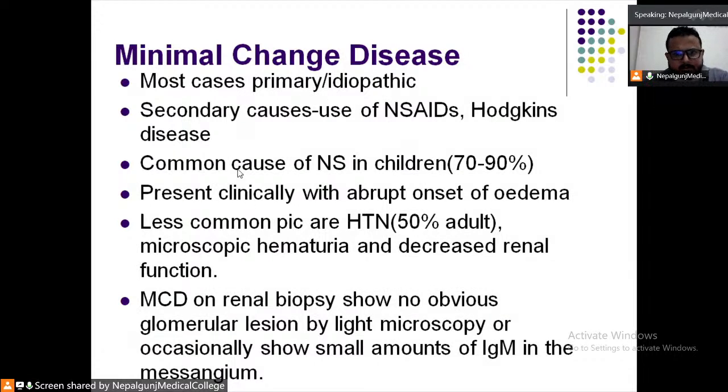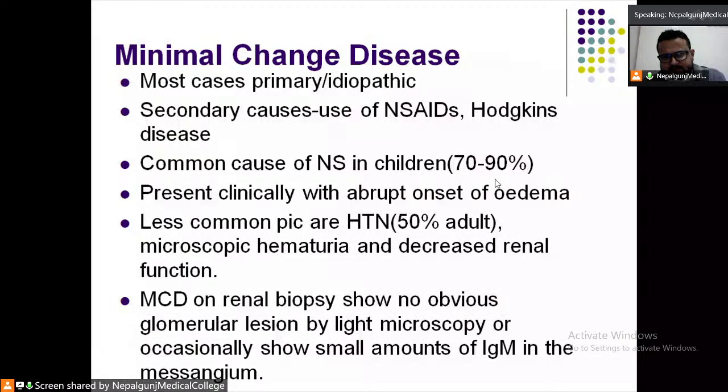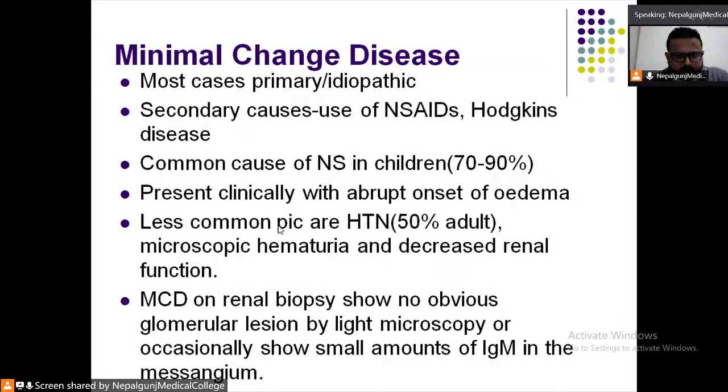Some secondary causes that can lead to MCD are the use of NSAIDs and Hodgkin's disease. It is the commonest cause of nephrotic syndrome in children, comprising around 70 to 90% of cases of nephrotic syndrome in children.